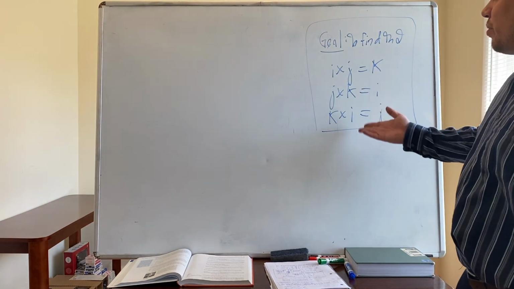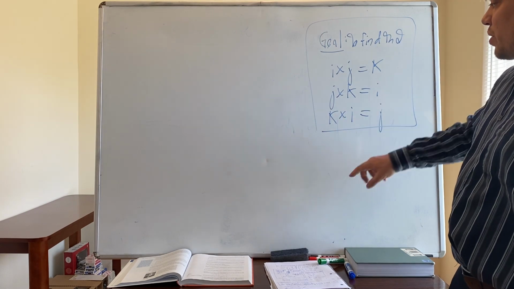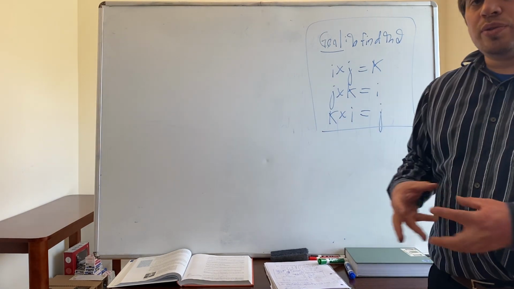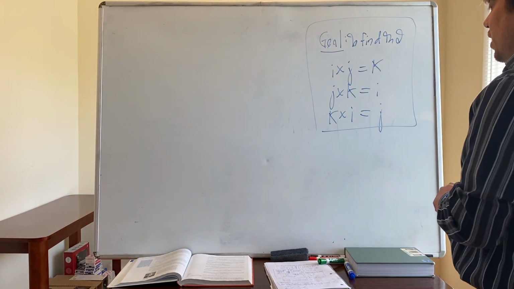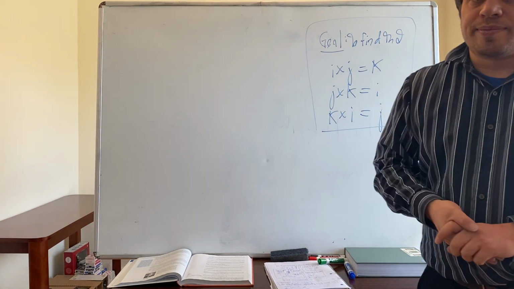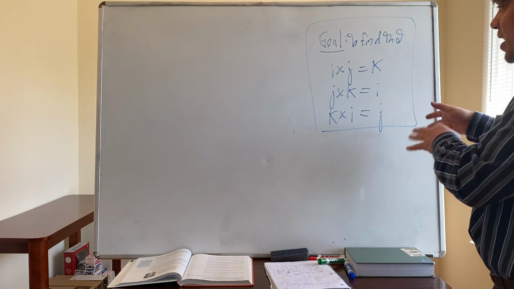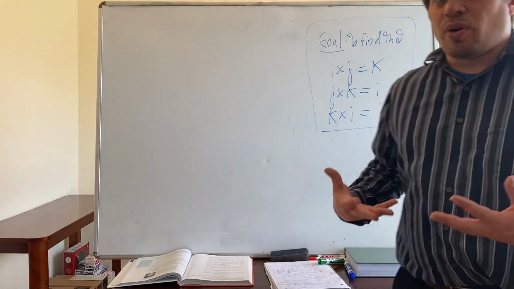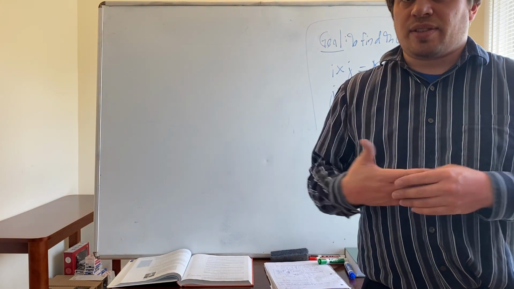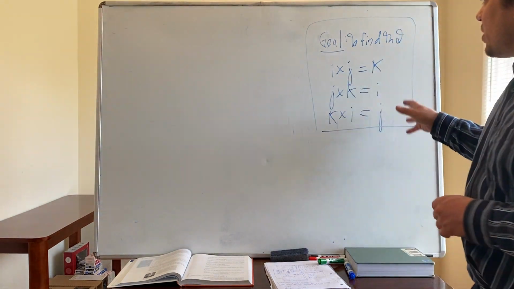So in these 3 examples, I cross J, J cross K, K cross I, I'm cross-producting 2 unit vectors, and so I know the result has to be another unit vector. Knowing that, if I know the direction of the cross product and that it's length 1, I know the exact vector. But that's only for certain cases.